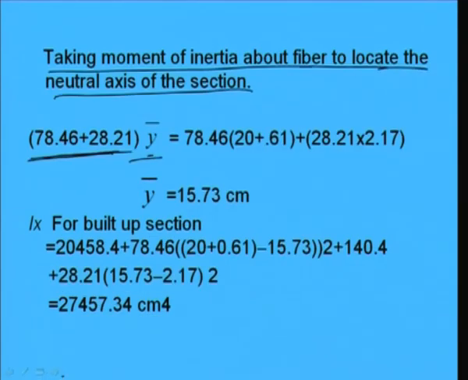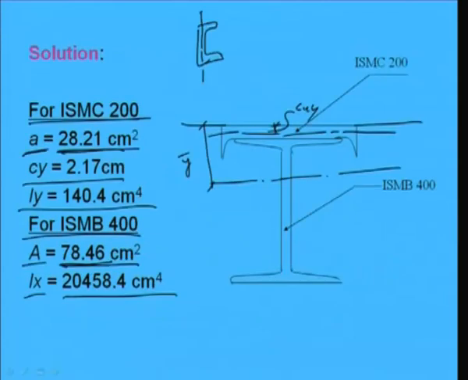So, this is equal to 78.46, the area of the I section, into the distance to its individual neutral axis. From here to this will be 200, because this is ISMB 400.